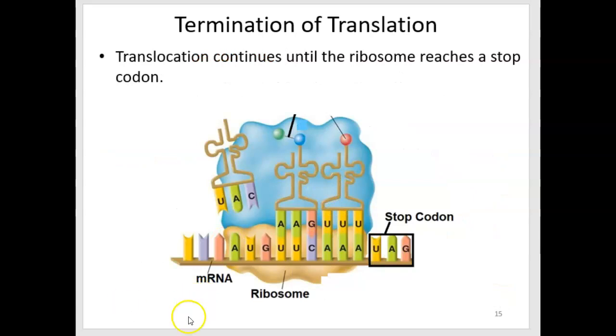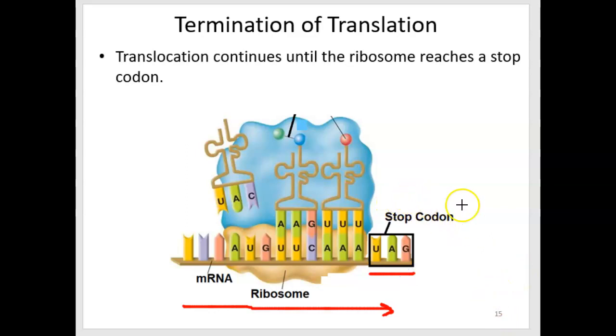So translation continues as the ribosome translocates along the messenger RNA. But eventually, we need to stop making protein. The protein's long enough. And the way the ribosome knows to stop is, one, I guess, running out of messenger RNA. But primarily, it's due to the fact that it reaches what's called a stop codon.